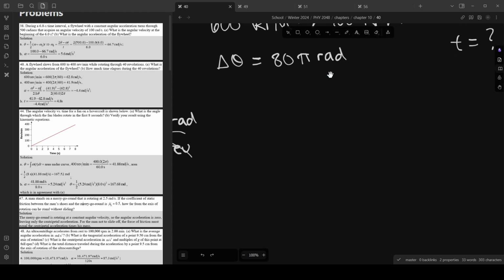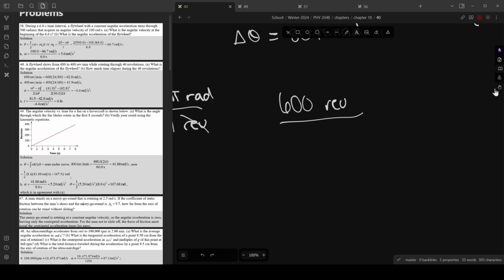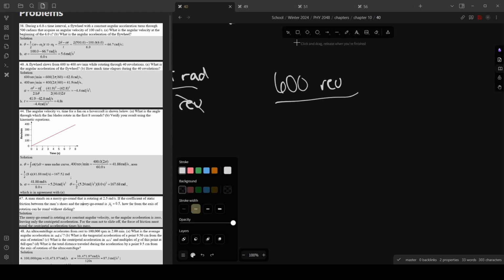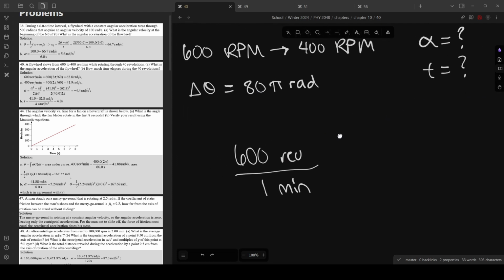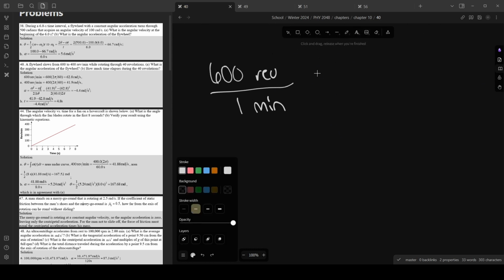So let's write this out. 600 rev, I don't know if that's a real unit, I'm just using my imagination, per 1 minute. We're just going to cancel out revolutions, and minutes for seconds.